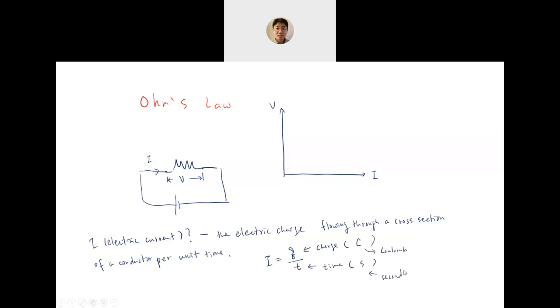Then here is voltage. What is voltage? If the relation is linear, it should be written like I and V are proportional. Voltage is actually a difference, a voltage difference, V. To talk about the voltage difference, you have to think of two points.